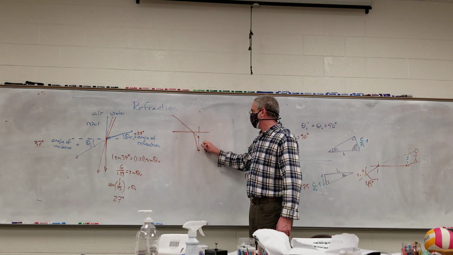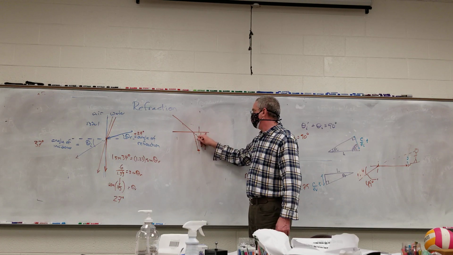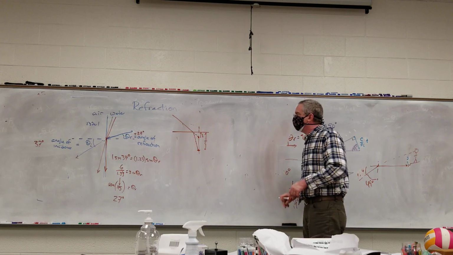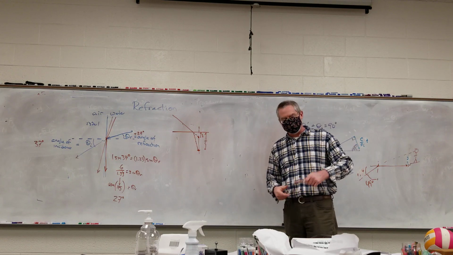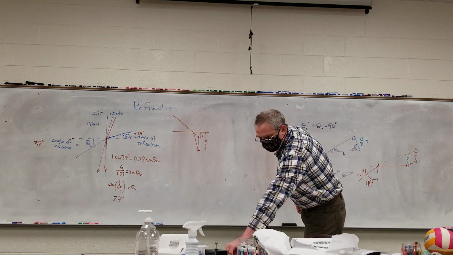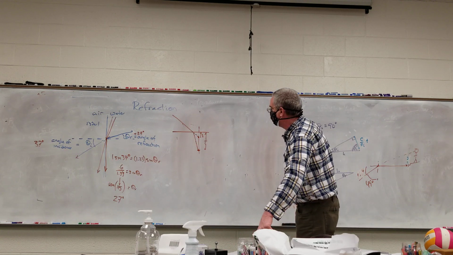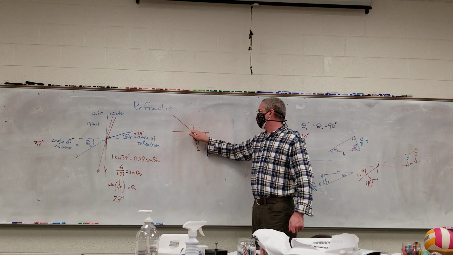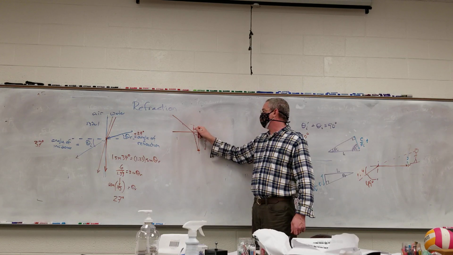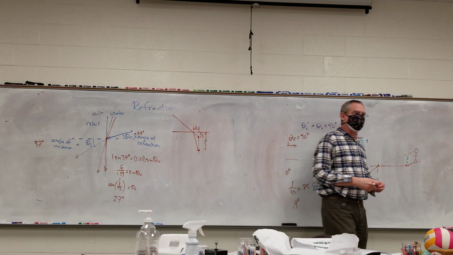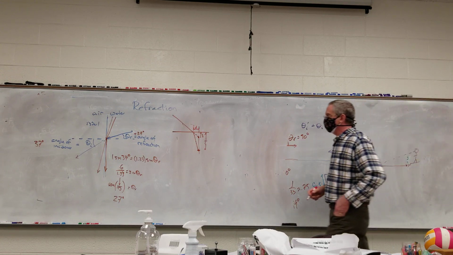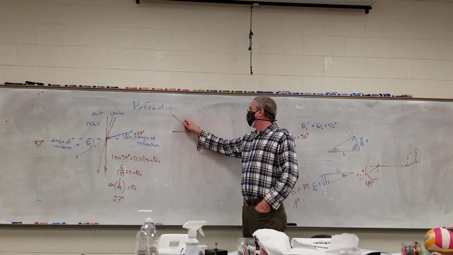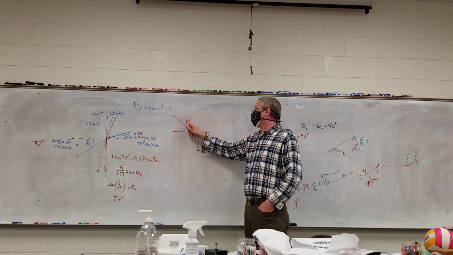Object P, and then image Q. Let's figure out what that relationship is. So the distance between the actual horizontal location of the object and where the light actually leaves the water, we'll make that distance D. This angle right here I'll call theta 2.